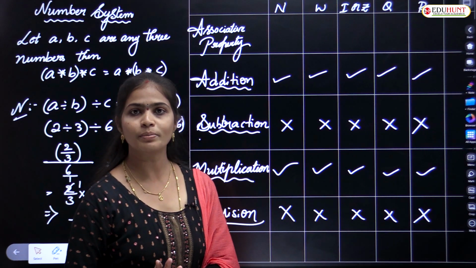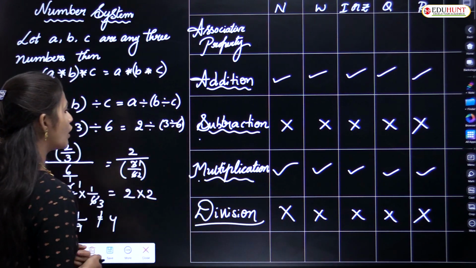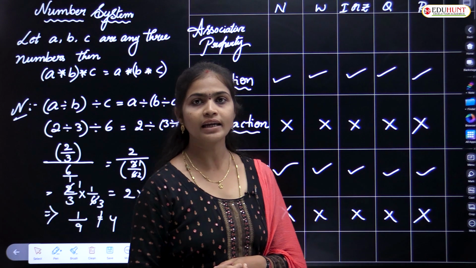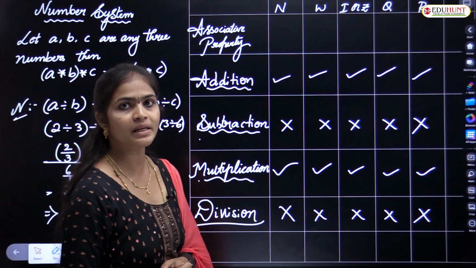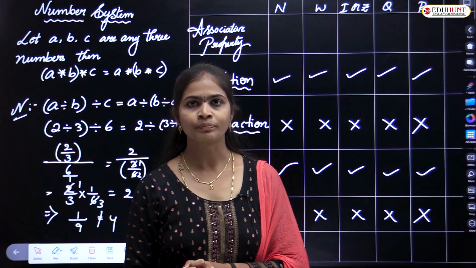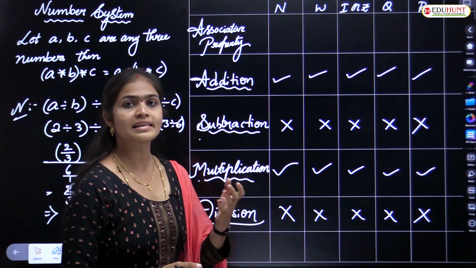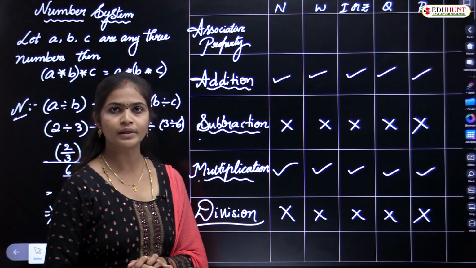The fundamental operations that satisfy it are addition and multiplication only. So this is about the associative property, under addition, subtraction, multiplication and division, related to all types of numbers. In the next video we will discuss identity properties, inverse properties and the distributive property.